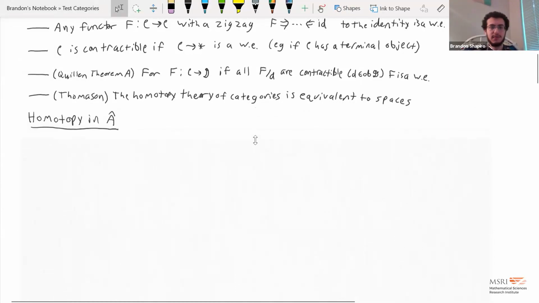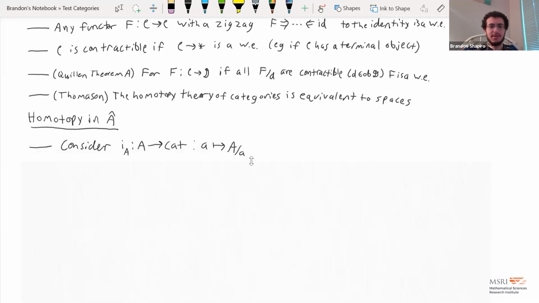So moving on from there, how do we define homotopy theory in one of these presheaf categories? First of all, we're going to start by comparing it to Cat. So any A has a functor to Cat that just sends an object, little a, to the over category, A over a.